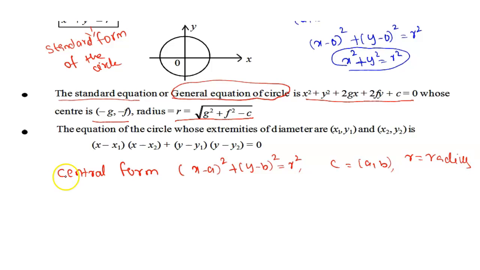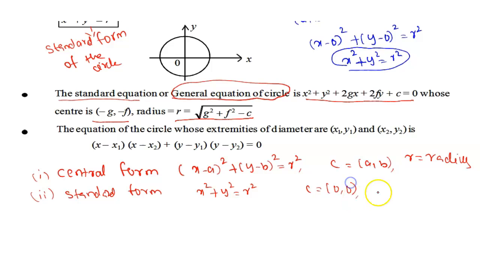Okay. And the second one is the standard form. So here the standard form is x square plus y square is equal to r square. In this case, the center is (0, 0) and the radius is r only.